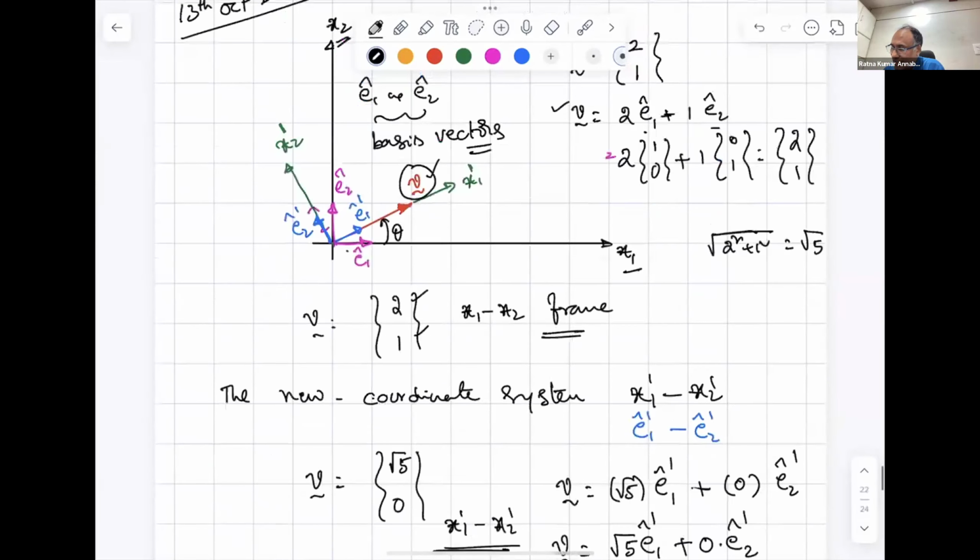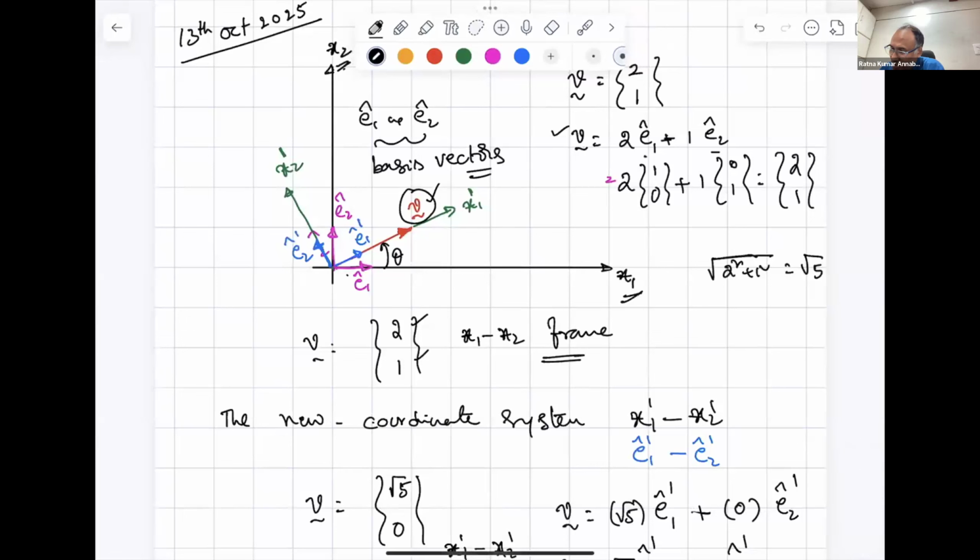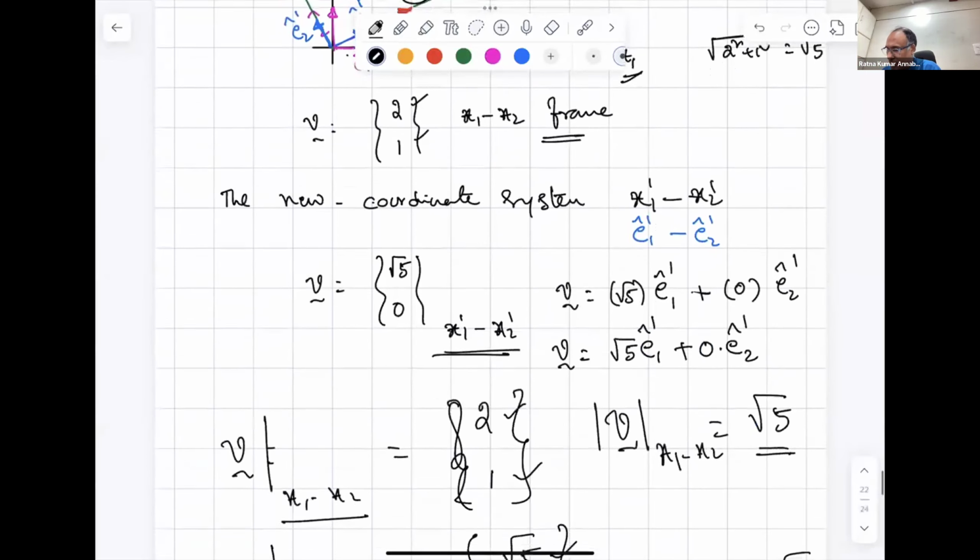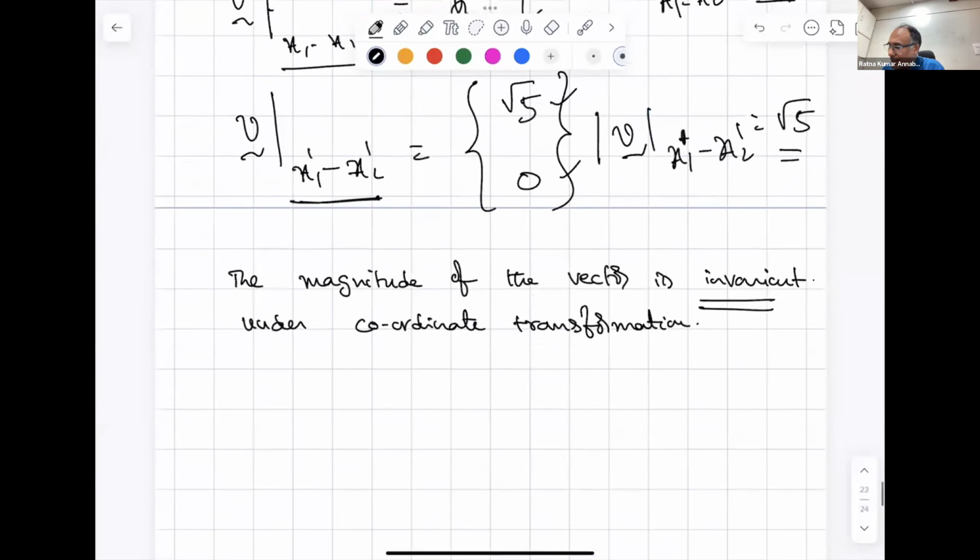If I choose x1, x2 as my frame of reference and rotate that frame rigidly to x1 dash and x2 dash, depending on the choice of my coordinate system, the values of the elements of the vector will change, but the magnitude of the vector remains the same, right? So the magnitude of the vector is called an invariant of the vector.